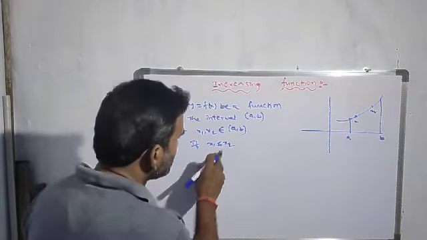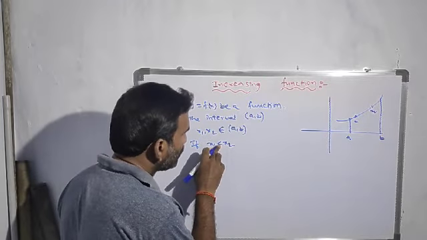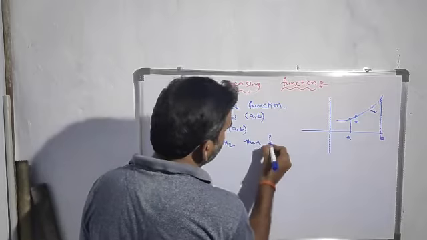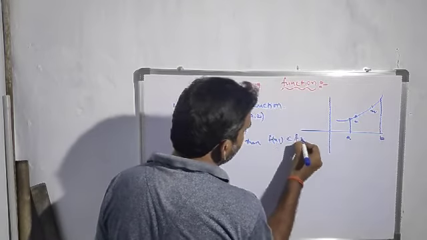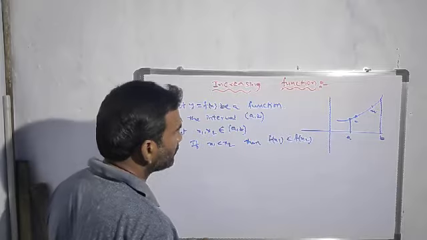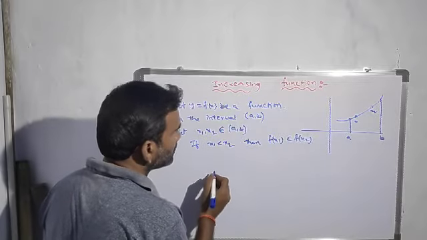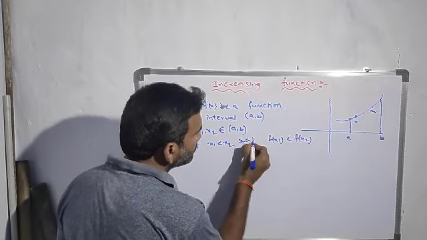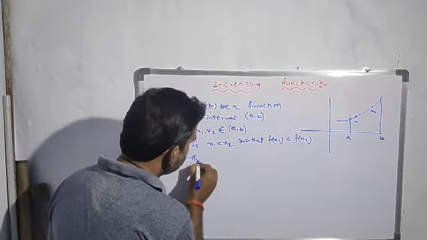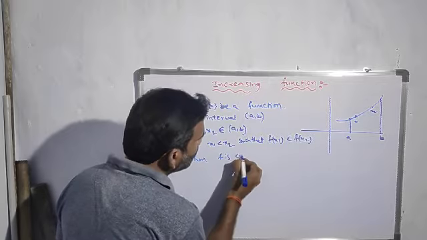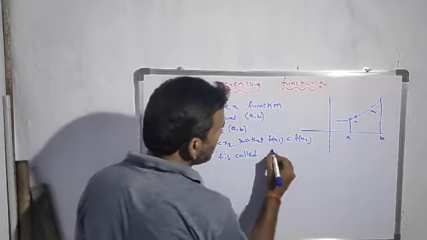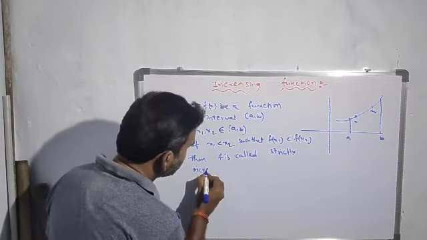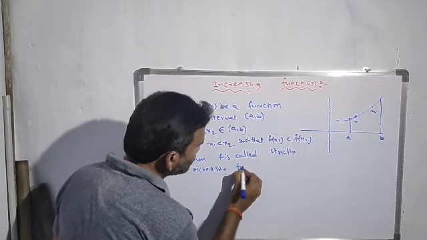Suppose if you take only less than, then f of x1 less than f of x2, then f is called strictly increasing function.